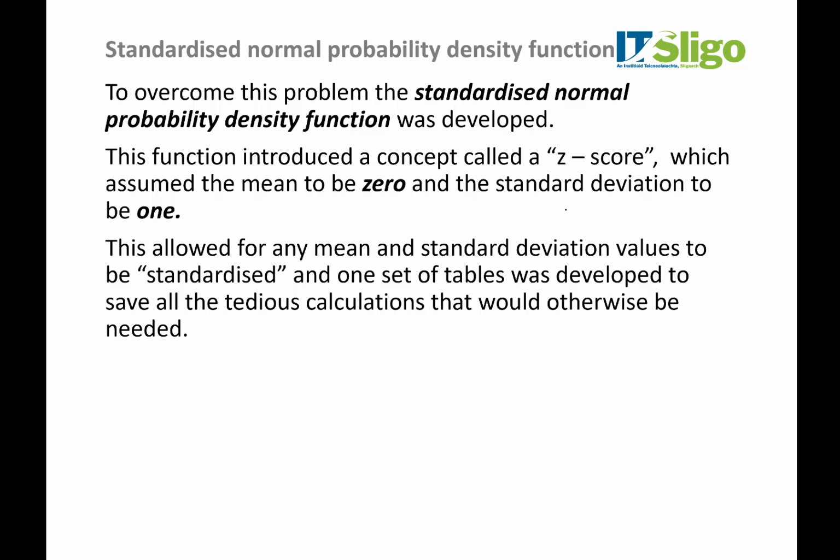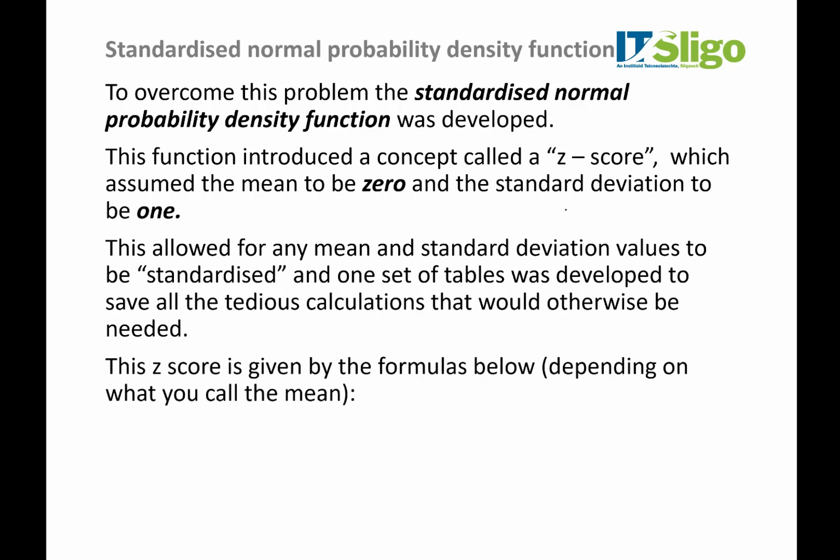And then there's tables readily available that allow us to read what's the probability of our value of interest being here, there, or anywhere within that range. Main thing is though, it helps us avoid all the tedious calculations that would be needed.